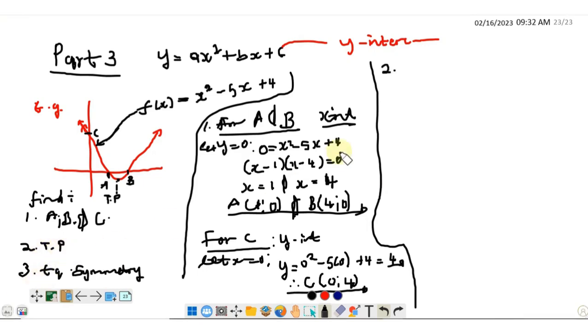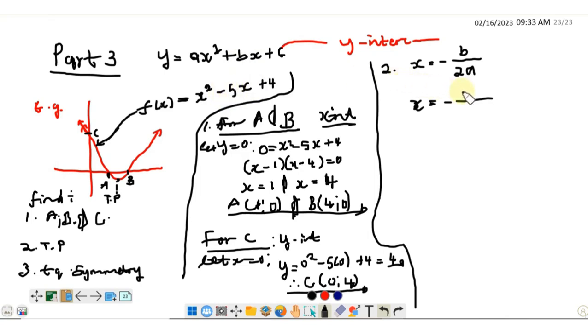So we want the turning point. For the turning point, you first need to find the value of x. Then you take that value of x, substitute it into the equation, and find the value of y. So the formula is x equals minus b over 2a. So b is this value, right? What is the value of b here?